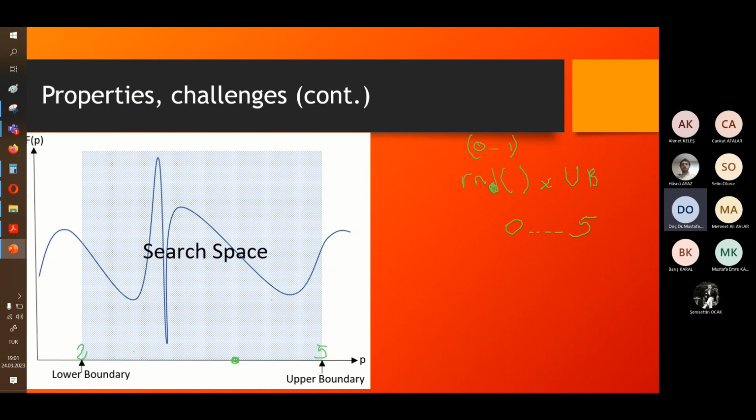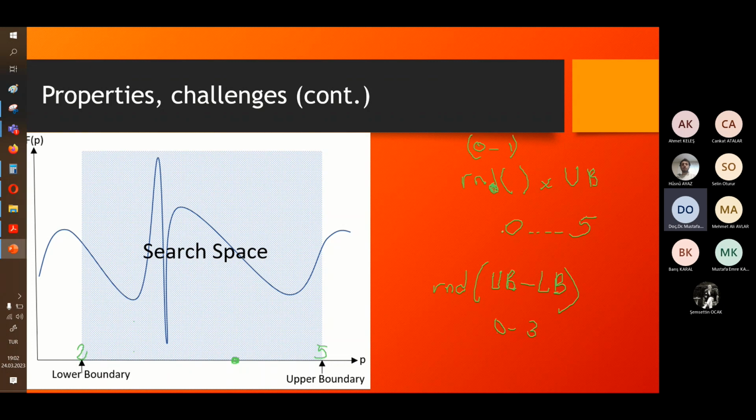But what I want is between 2 and 5. So how will I do this? I will take the range. The range is the upper boundary minus the lower boundary, right? Which is 3. If I multiply this with random, I will get any number between 0 and 3, because the upper boundary is 5, the lower boundary is 2, and 5 minus 2 is 3.